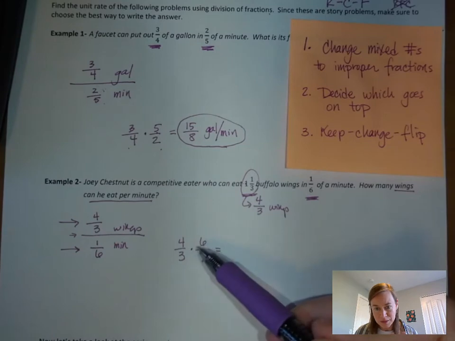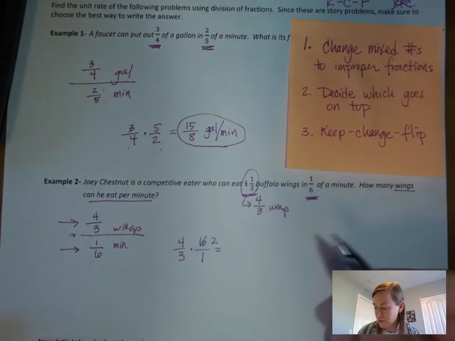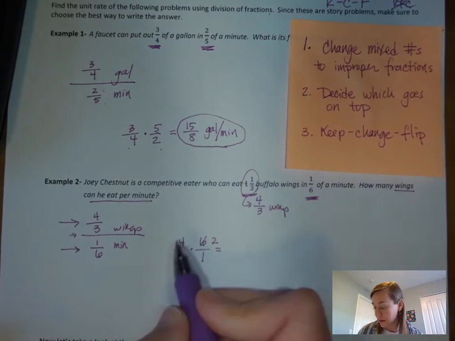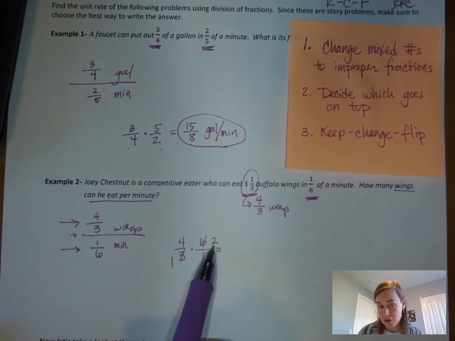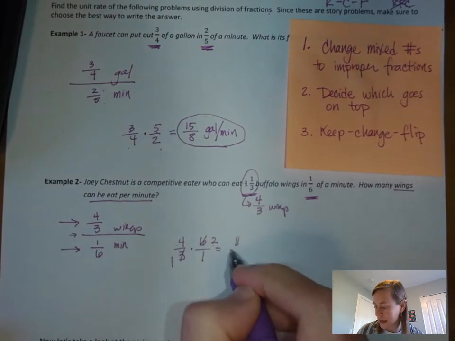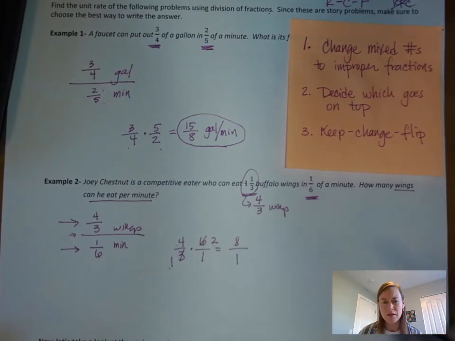So let's divide both of those numbers by 3. 6 divided by 3 gives us a 2. 3 divided by 3 gives us a 1. Now we're going to go 4 times 2, which equals 8, and then 1 times 1 equals 1.